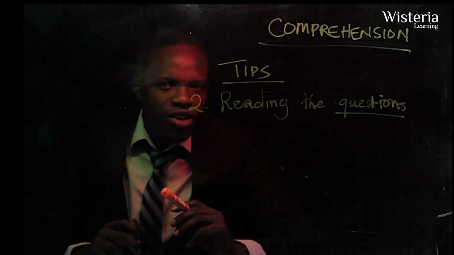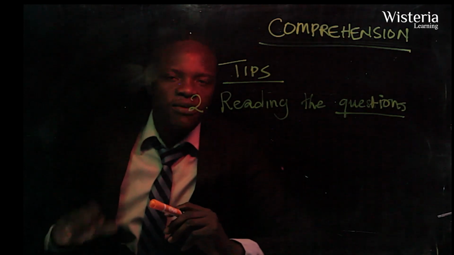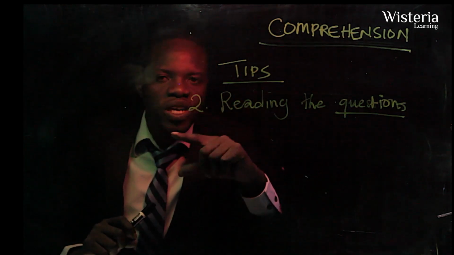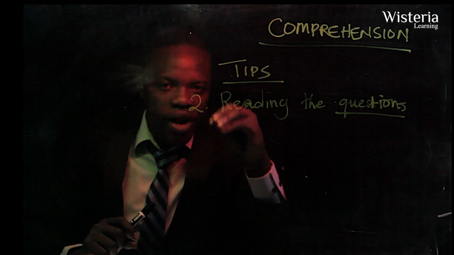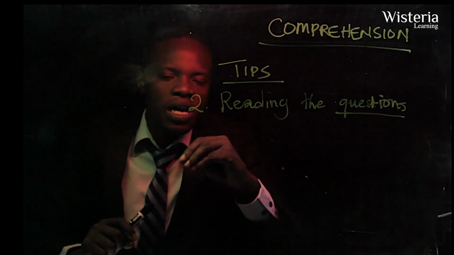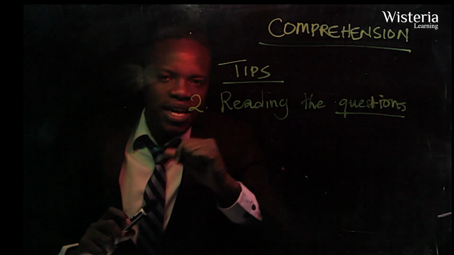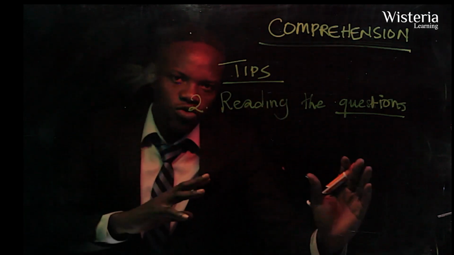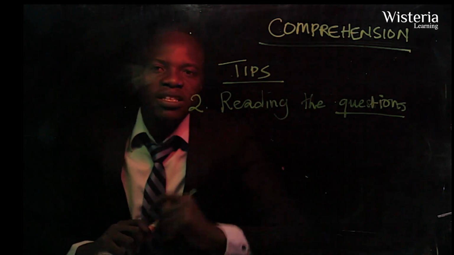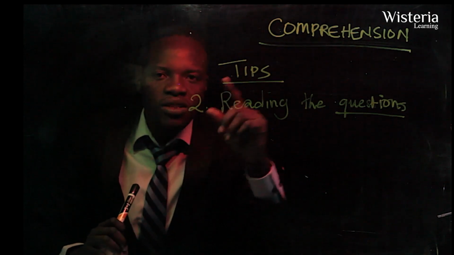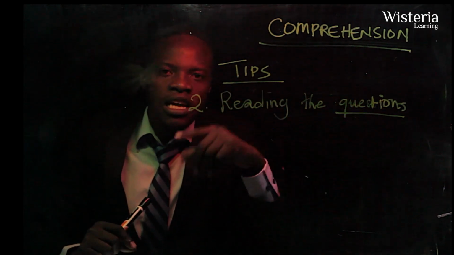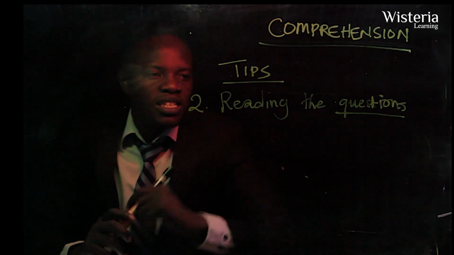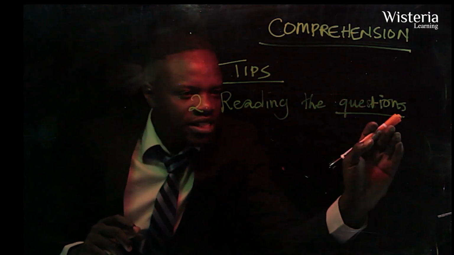Because you're unlocking your mind to look for specific information. Those questions are going to guide you to where specifically you need to look to answer any one of them. So if you find questions that say according to paragraph 2 or according to paragraph 4, your focus should be to look specifically at that paragraph. So read the questions.